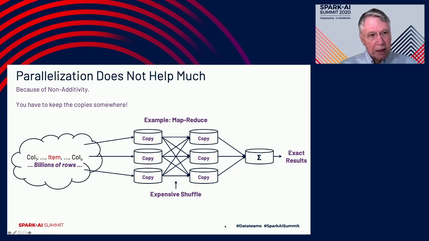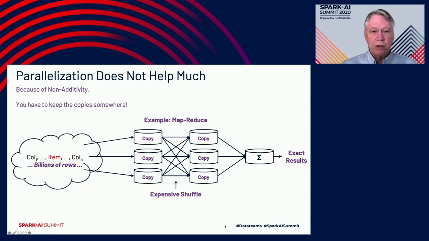Well, you might think as a knee-jerk reaction, let's just parallelize this. We'll put it on a major cluster like a MapReduce, and that will be able to solve our problem. Well, it doesn't really. Parallelization does not really help because of the non-additivity; you still have to keep all the copies somewhere.